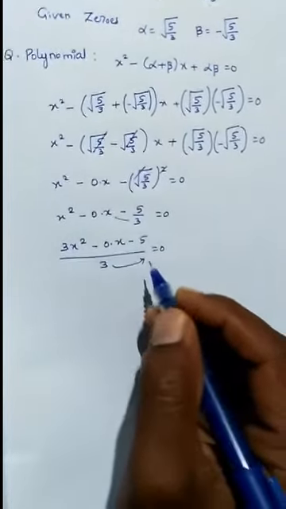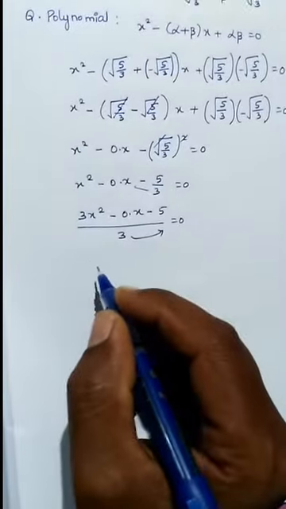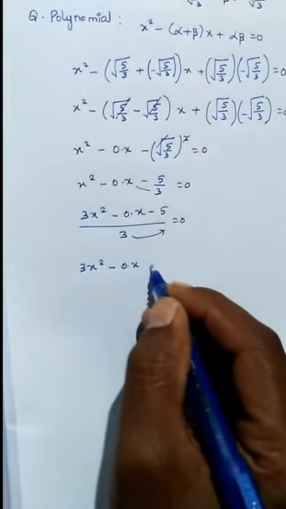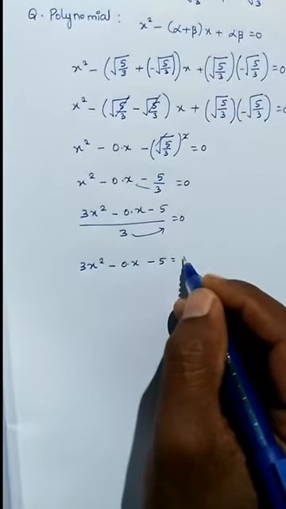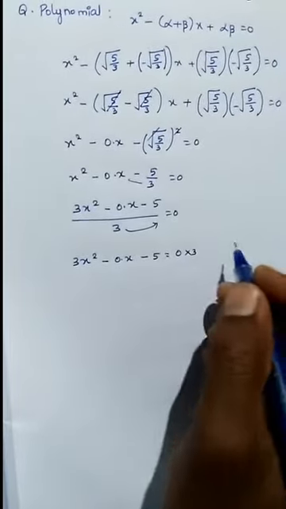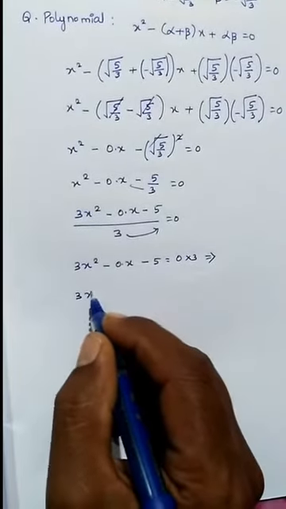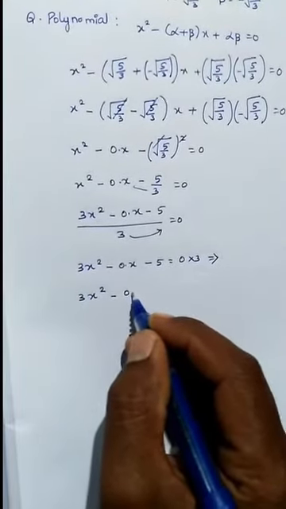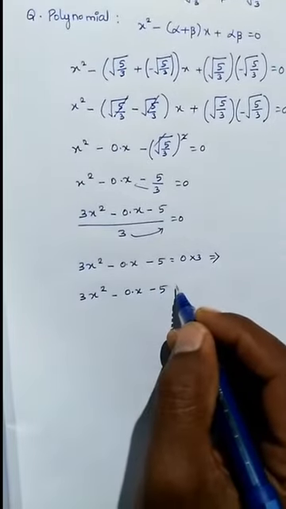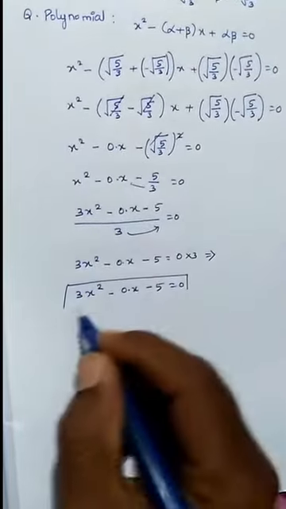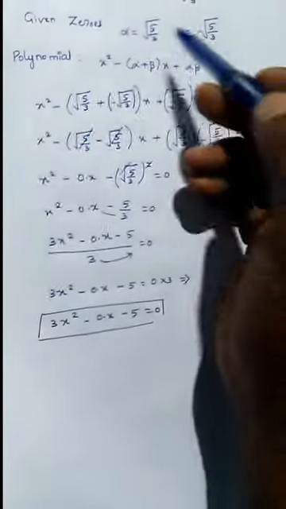Take this division to the other side, then you get 3x square minus 0 into x minus 5 equal to 0 into 3, which becomes 0. So the remaining equation is 3x square minus 0 into x minus 5 equal to 0. This is the quadratic polynomial for the given zeros.